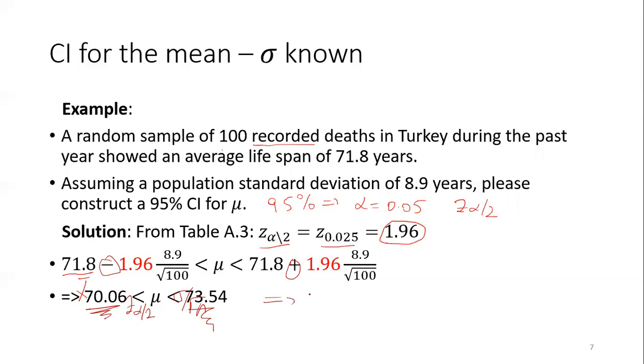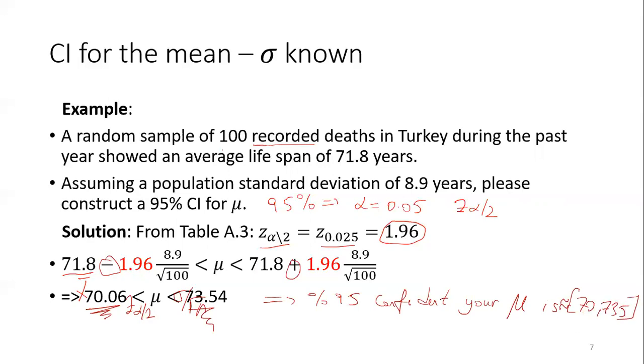So what does this mean? I am 95% confident, or I am 95% sure, that your unknown parameter mu is between approximately 70 and 73.5.